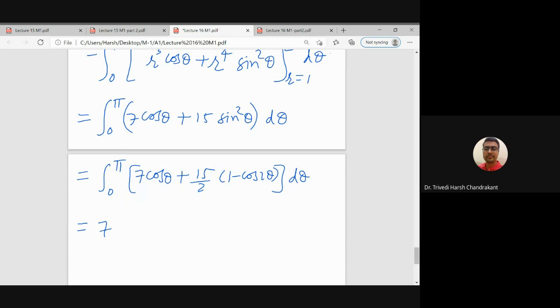Essentially it will be 7 sine theta plus 15 by 2 theta, minus 15 by 2 times the integral of cosine 2 theta, which is sine 2 theta by 2. So this will become 15 by 4 sine 2 theta. The limit is from 0 to pi.